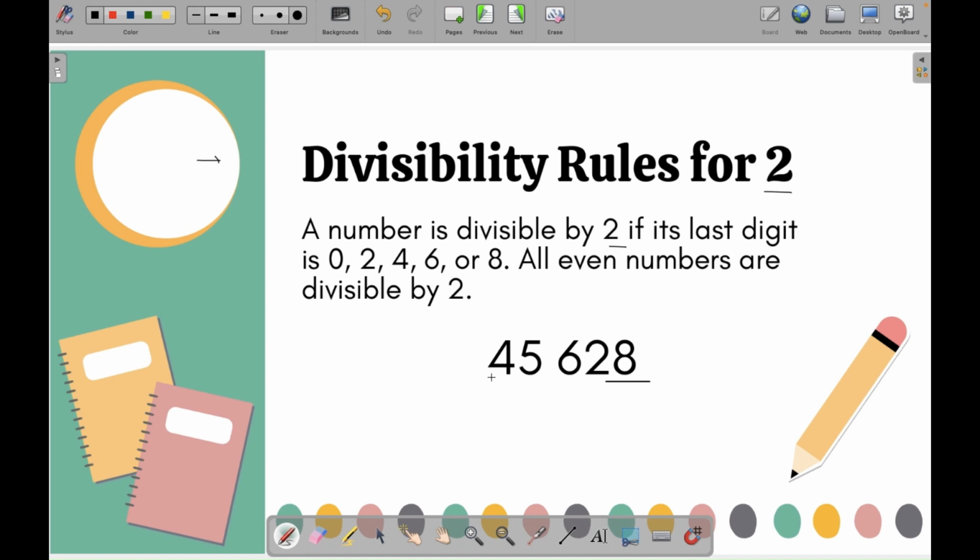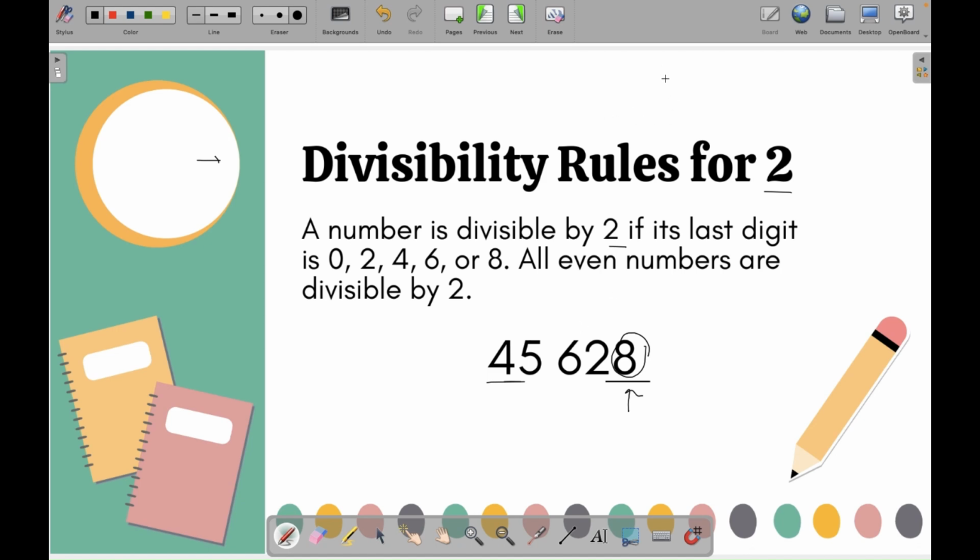If I have the number 45,628 and I am asked whether 2 is a factor of this number, instead of dividing the whole number by 2 and wasting a lot of time, we just check the unit digit. This should be divisible by 2. If it is, then the entire number is divisible by 2.